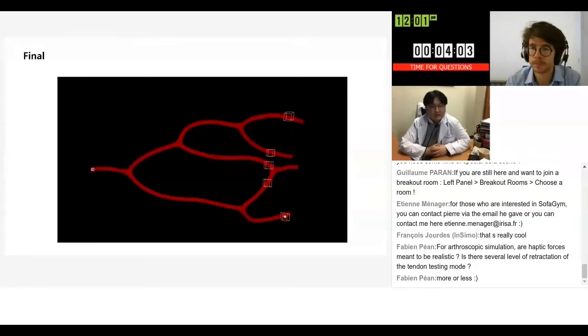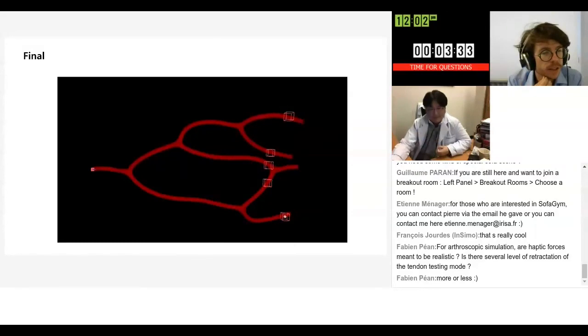Also, there are some papers claiming that force feedback is not a crucial component for a successful surgical training simulator. So we can do it, but we don't need that very high fidelity.